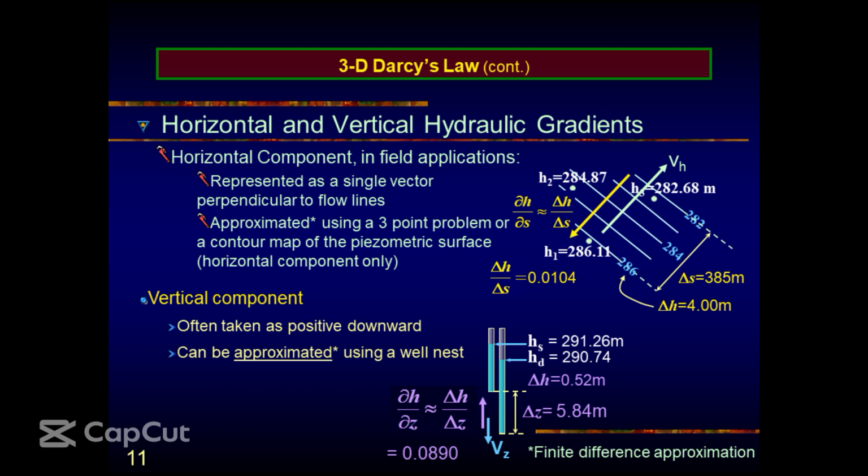What did we say about the pressure? What's the pressure here? The pressure normally will be below the atmosphere. The pressure here at this point, what is the pressure?